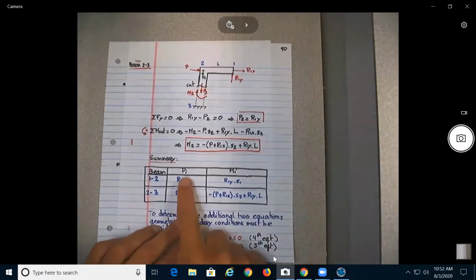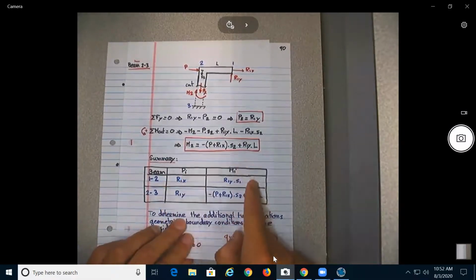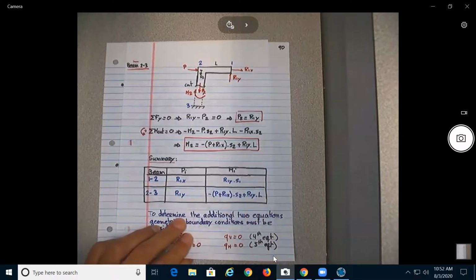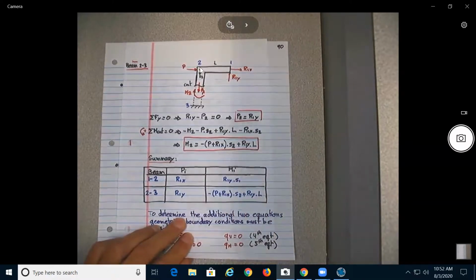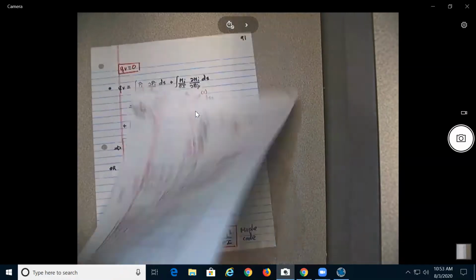So we know P on each one of the members, 1, 2 and 2, 3, and M1, M2 on member 2. So it will be M1, M2, P1, P2, okay?